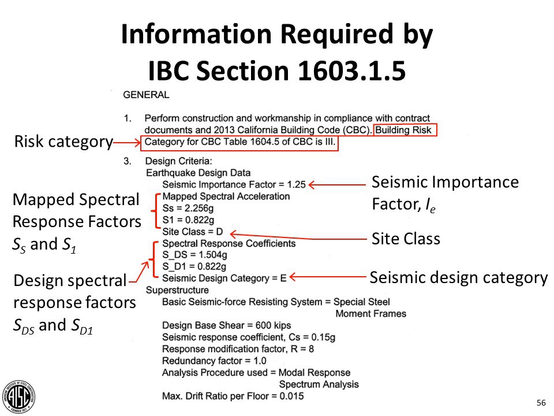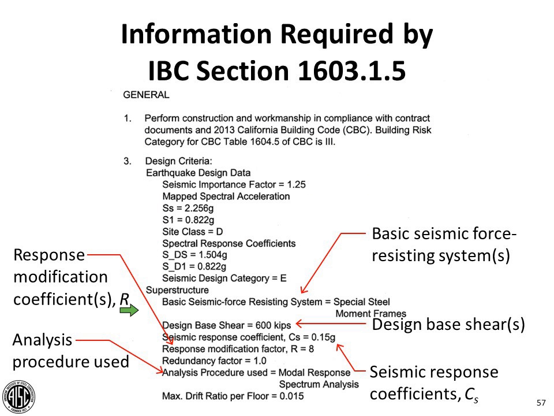They're more for just general information. But you can see, for example, the mapped spectral response factors, the design factors that are used, and then some of the quantities related to, for example, design base shear and what the response coefficient is.